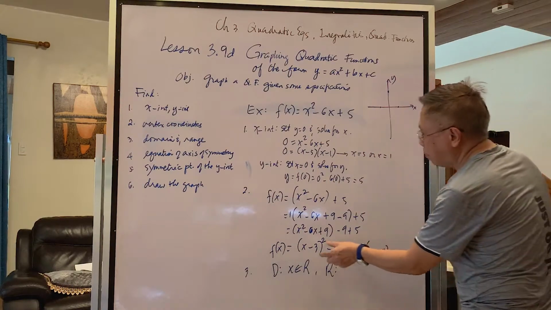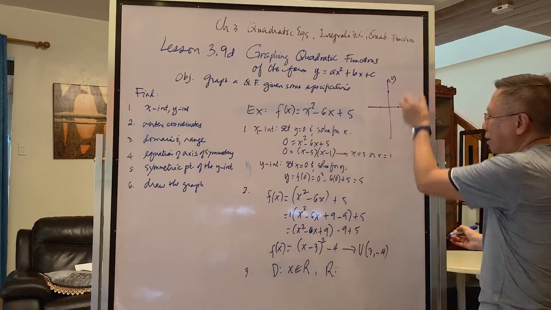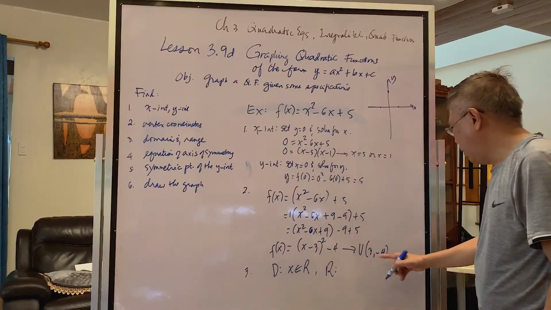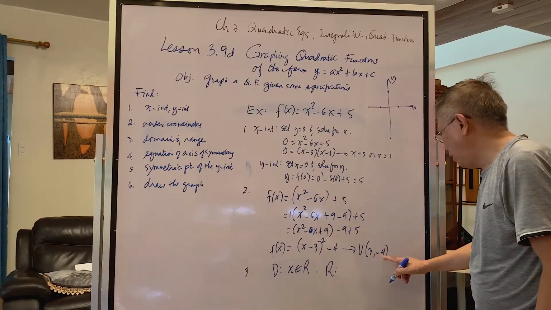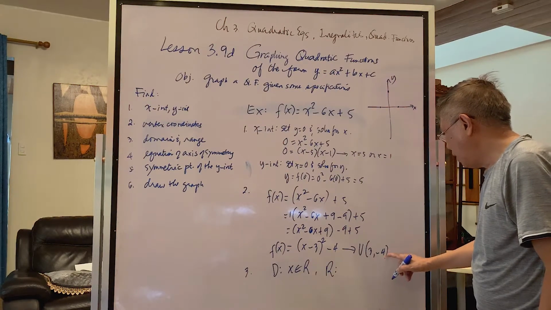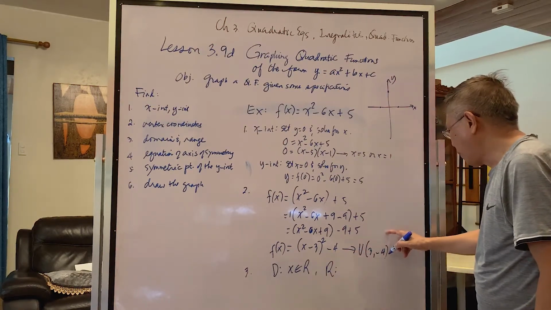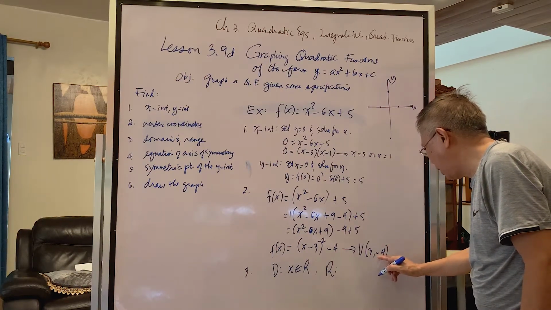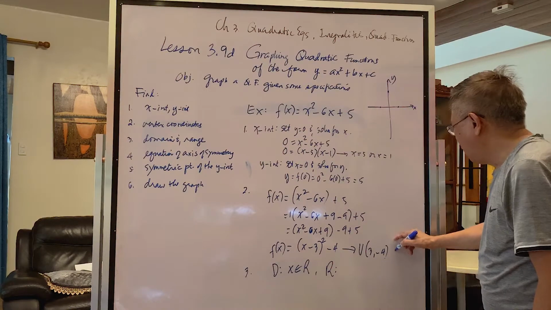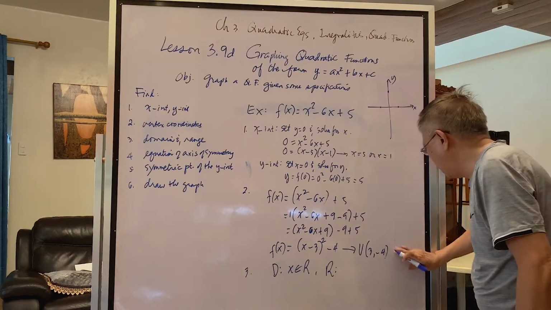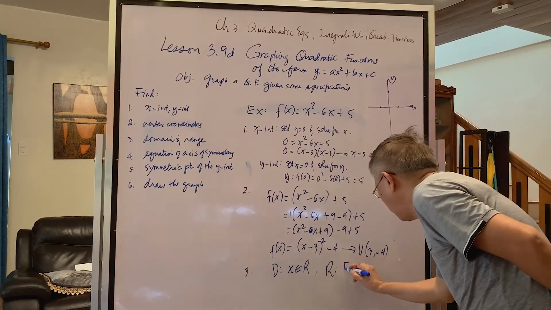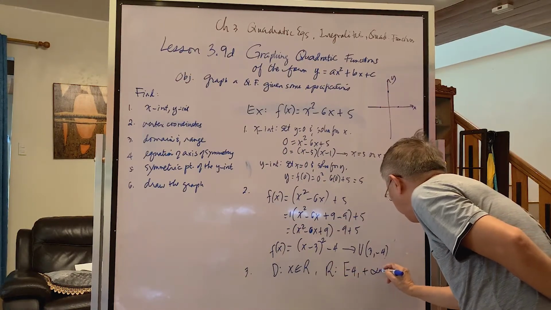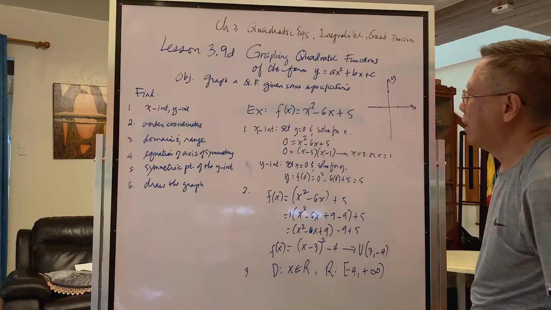We note that this parabola is opening upward because a is positive 1. Therefore, the vertex at 3 and negative 4 is the lowest point. And if it is the lowest point, the lowest y value that we have is negative 4, and you're going up to positive infinity. So, our range will be from negative 4, including negative 4, up to positive infinity.